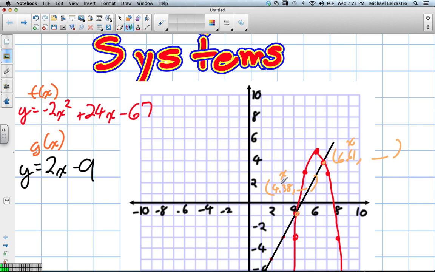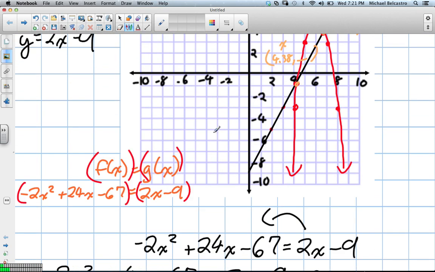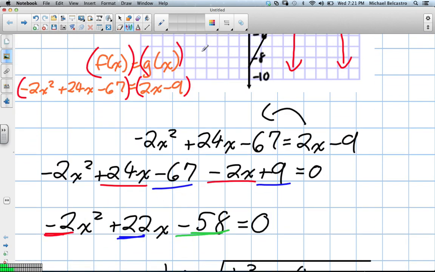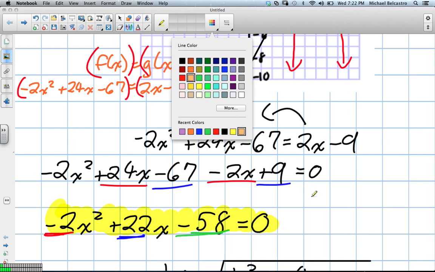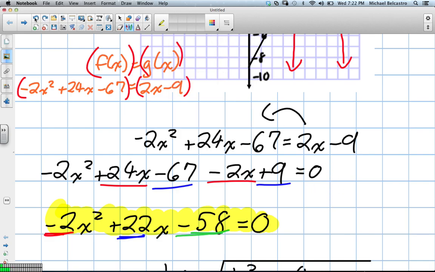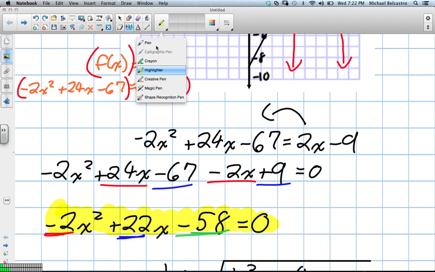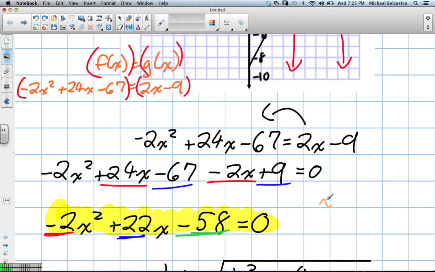So we now have to take that and we go back down to the equation we'd started with, this one here. I'm going to highlight it now. This equation is essentially the amalgamation of both of them. All right? So this equation here, we take those x values, one of them being x equals 4.38, and one of them being x equals 6.61.